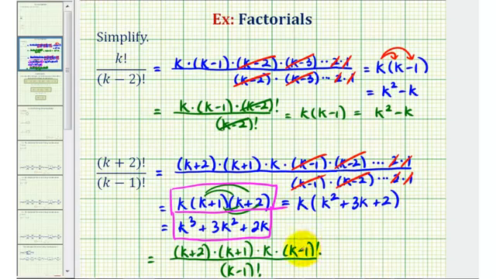Notice how k minus 1 factorial over k minus 1 factorial will leave us with the same three factors, k plus 2 times k plus 1 times k, or in factored form, k times k plus 1 times k plus 2. Or if we needed to expand this, we would end up with the same expression we have here.